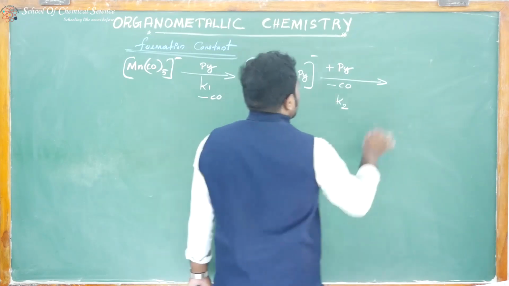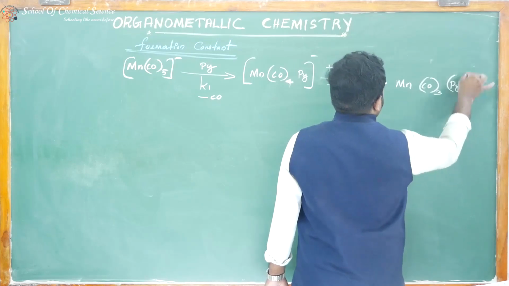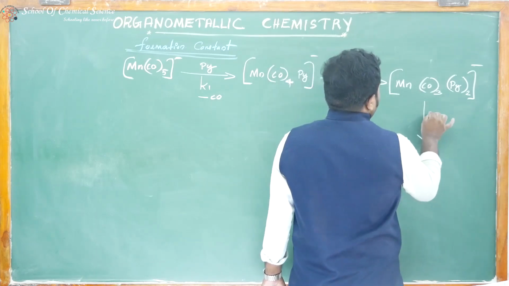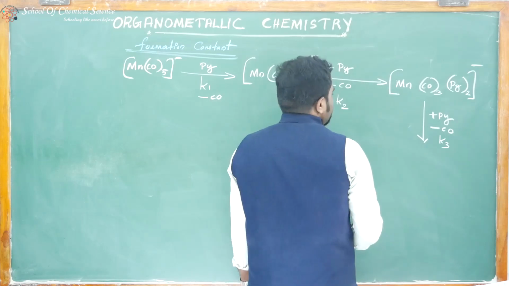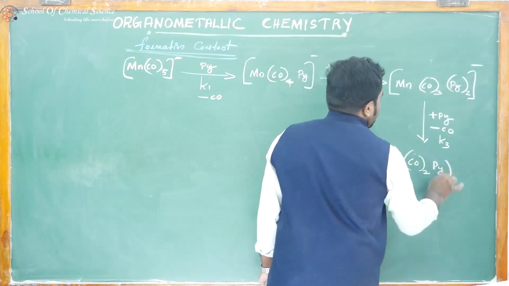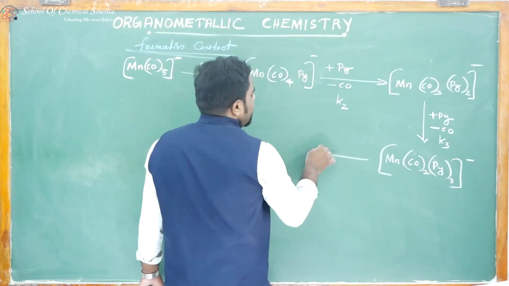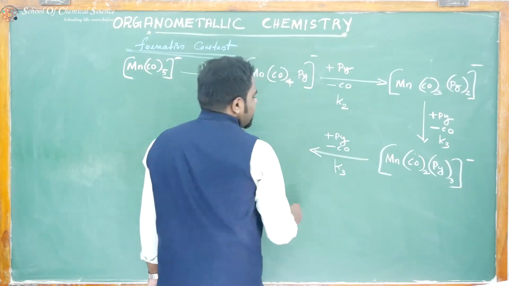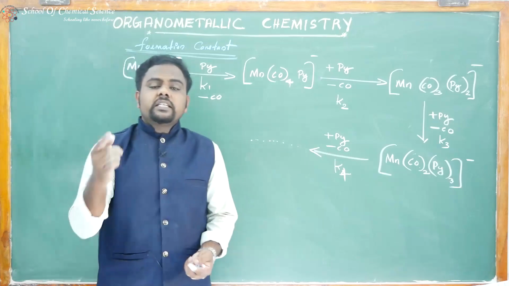This formation constant is K2, and you will get MnCO3Py2 minus. The next step again, the next pyridine, one carbon monoxide is eliminated, formation constant K3, MnCO2Py3 minus. Again plus pyridine, minus carbon monoxide, formation constant K4, etc. Finally you will get MnPy6 plus.